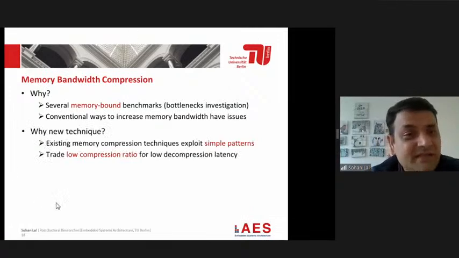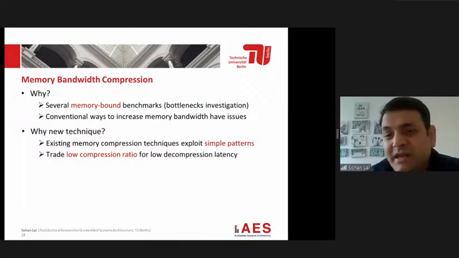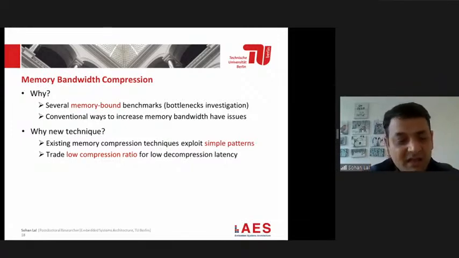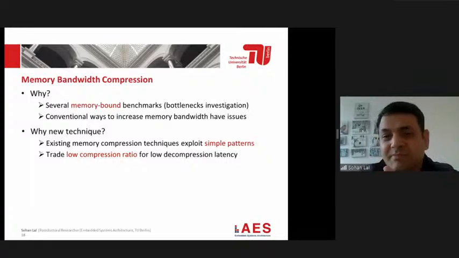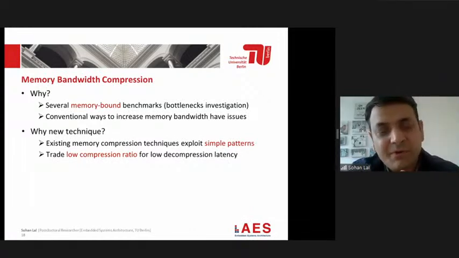Then, of course, the next question is, why do we need a new technique, because there are memory bandwidth compression techniques? The answer is that the existing memory compression techniques exploit simple patterns, and they trade low compression ratio for low decompression latency. The reason for that is GPUs are relatively new. Especially general purpose computing on GPU is only a decade old.